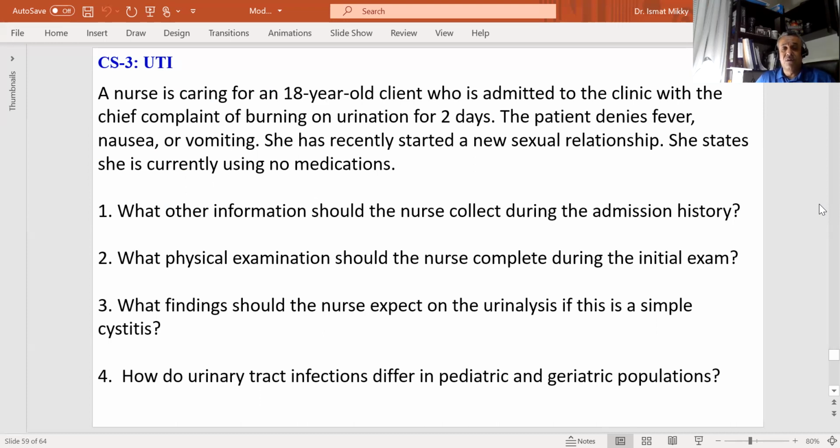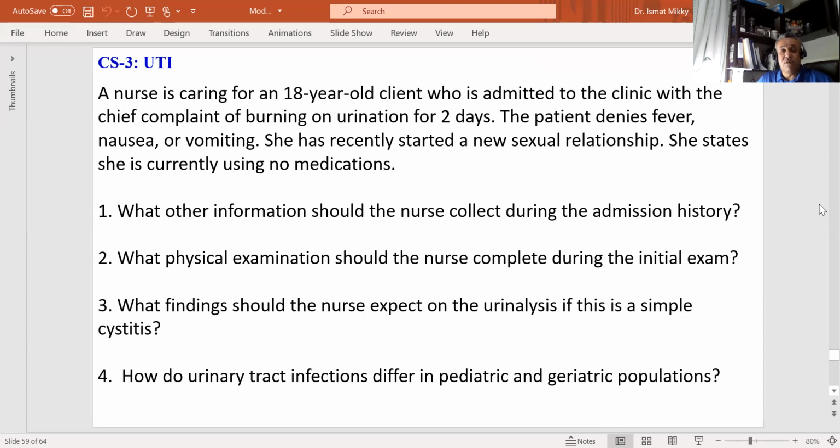Now, what findings should the nurse expect on the urinalysis if this is a simple cystitis? If this is simple cystitis, the urine will often be a darker color and may have the presence of blood, which is hematuria. When we do a test called dipstick, which is a urine test, that can be positive for the nitrites. So we said two main things could indicate the UTI: the positive result of nitrites and the leukocyte esterase.